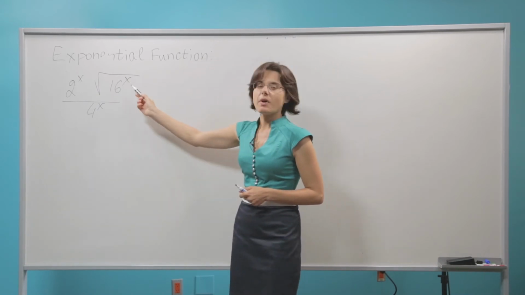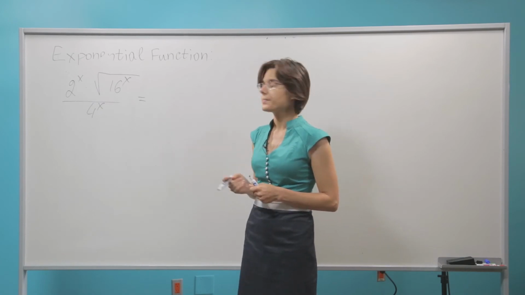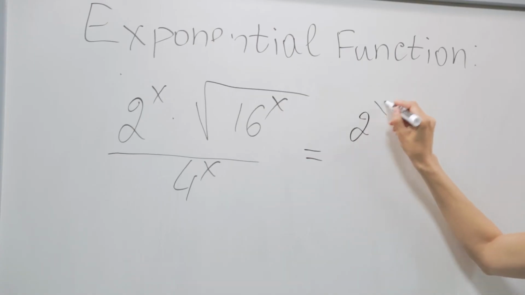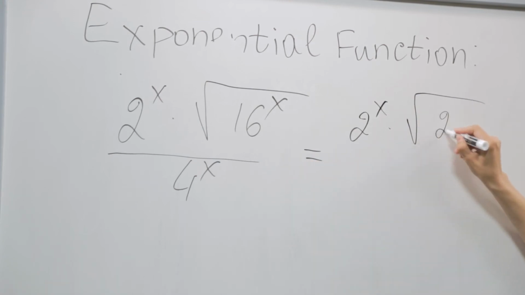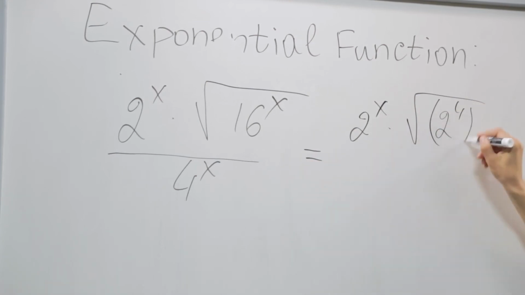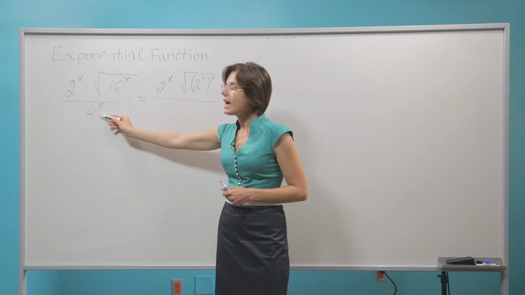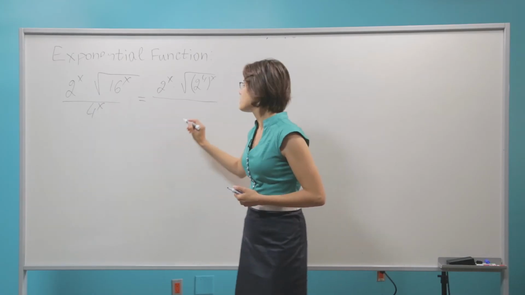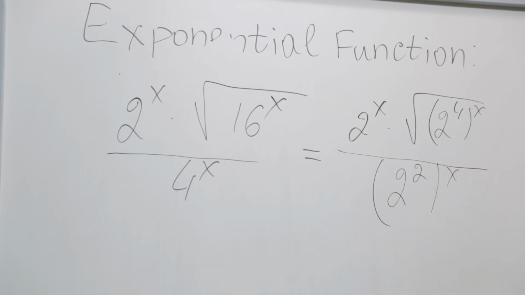Look, 16 to the power of x, I can represent as 2 to the power of 4. So 2 to the power of x times square root of 16 can be represented as 2 to the power of 4, and then we raise it to the power of x. Everything divided by, now 4 I can represent as 2 squared. So we have 2 squared to the power of x.